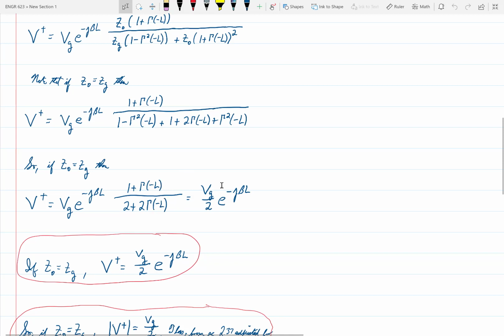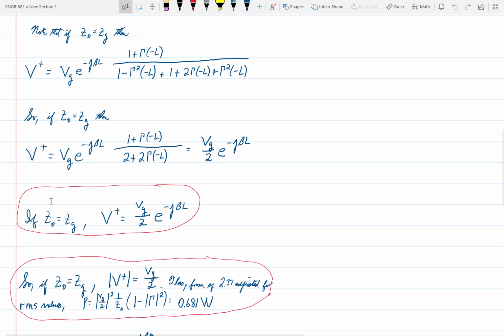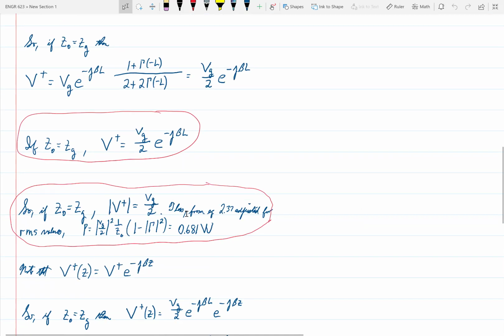So we get this very simple expression: when the characteristic impedance of the line is equal to the source impedance, then V plus is simply equal to Vg over 2 e to the minus j beta L. And so just that easily we get V plus.